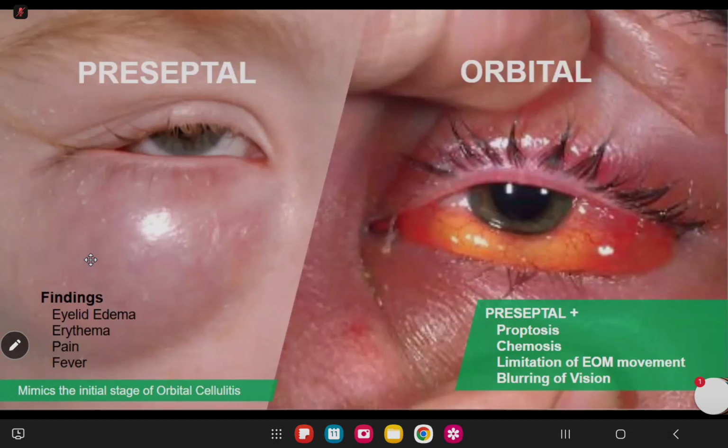However, if there's orbital cellulitis, aside from those findings mentioned, there would be additional proptosis and chemosis. There is also limitation of the EOM or the extraocular muscle movement, and your vision is already affected. So the patient would complain of blurring of vision already. So this would mean that the infection has already traversed the inner side of your orbit. So it's already orbital cellulitis.